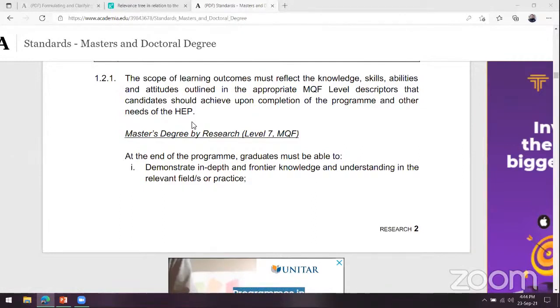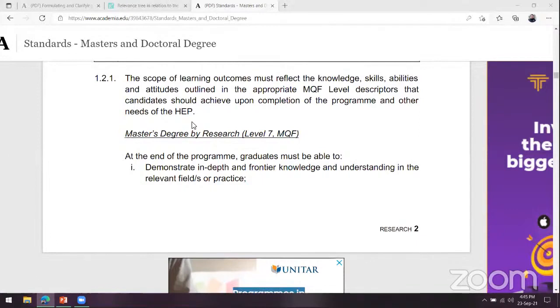So your institution might already have designed a proposal, and then you need to go through your dissertation at the end of the program. In such a case, you also need to expose yourself to what we call a research component in your program. So let's look at the master degree first.